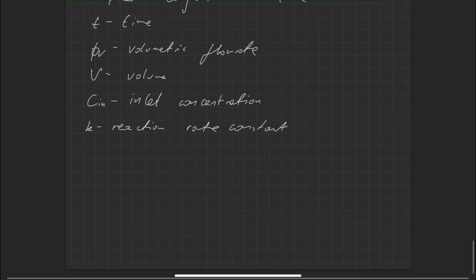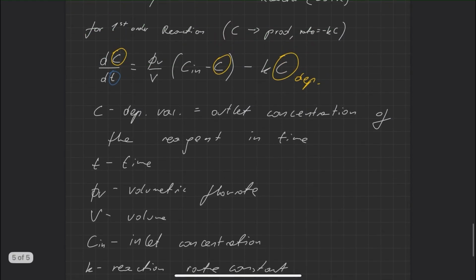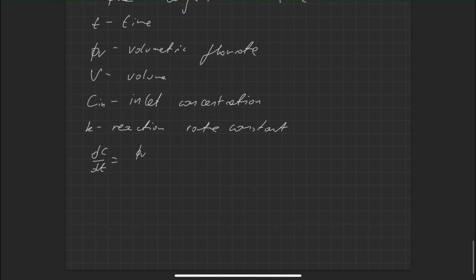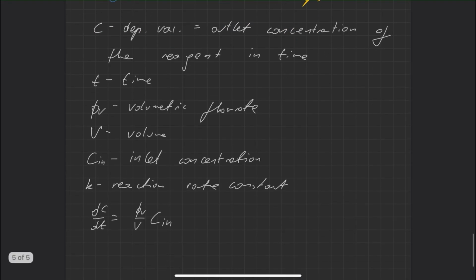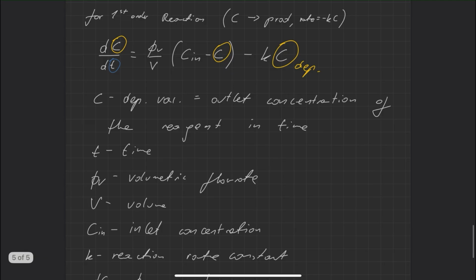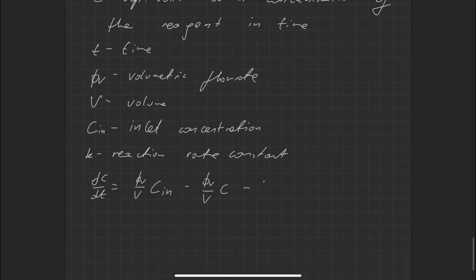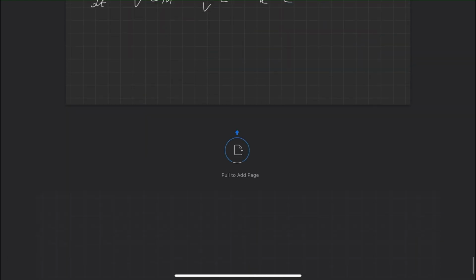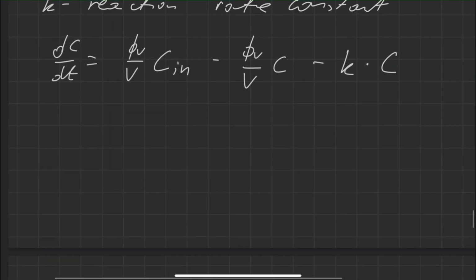So we know that dC/dt is the volumetric flow rate times the inlet concentration minus the volumetric flow rate divided by volume times the outlet concentration, and this is all minus k times the outlet concentration.